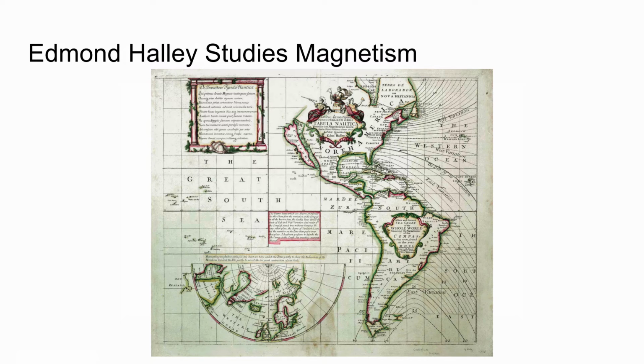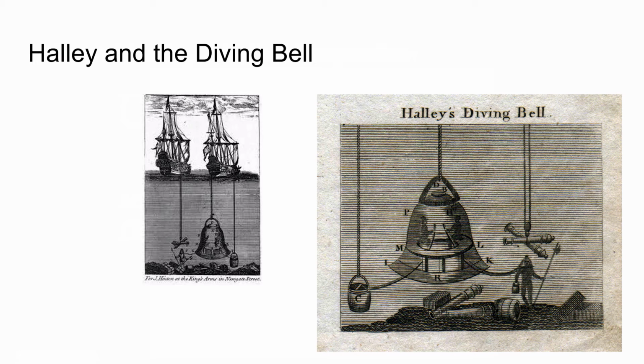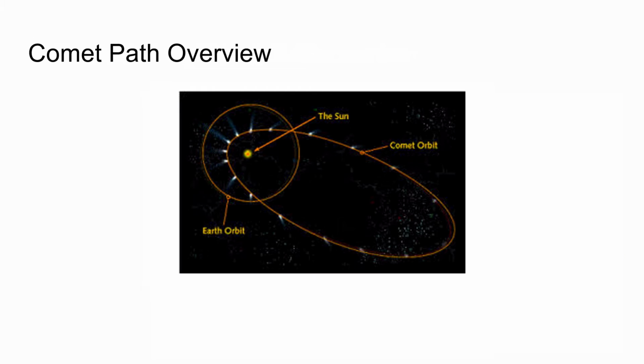He also studied magnetism and was one of the first to draw maps that had lines of magnetic variation on them. This is such a map here. He was eclectic. He studied lots of different things. He invented a diving bell so that undersea work and salvage could take place. Here are a couple diagrams from that. Of course, we all know him still to this day by the prediction of Halley's Comet, that the period of Halley's Comet is about 75 years.